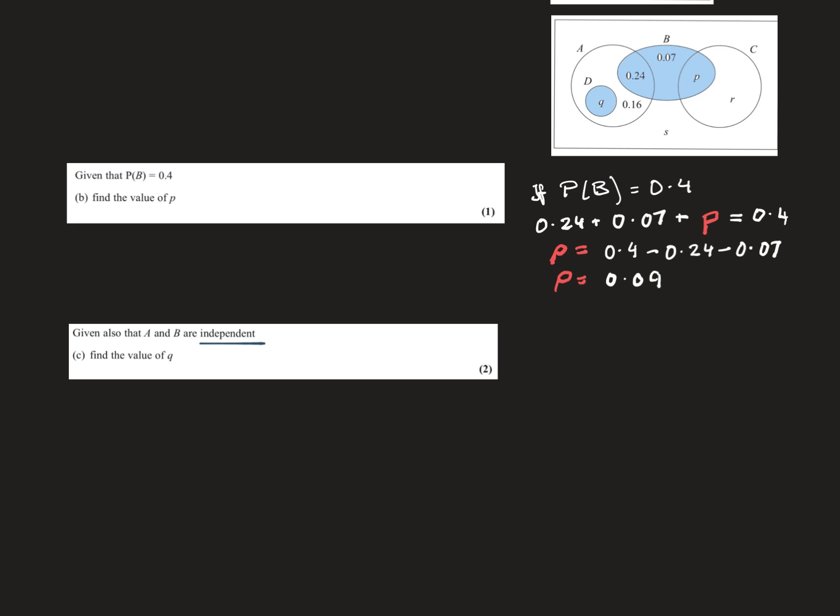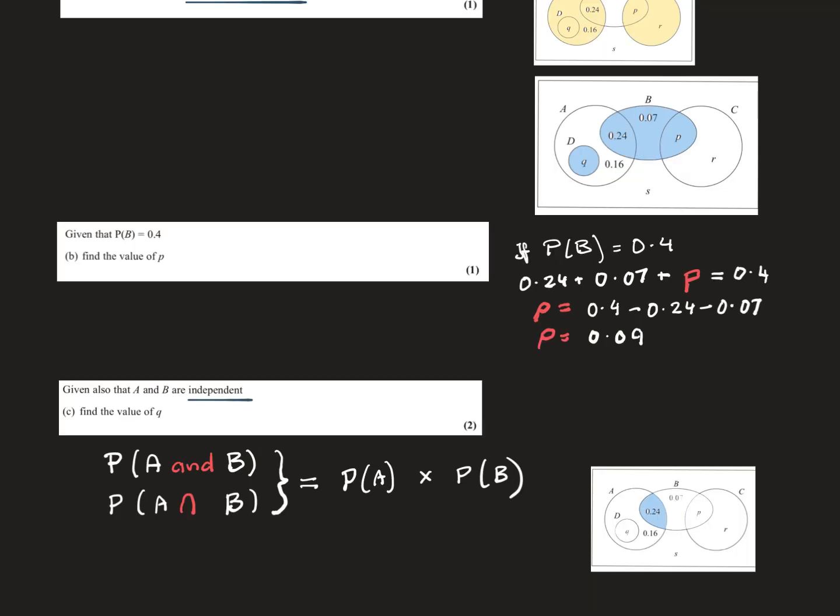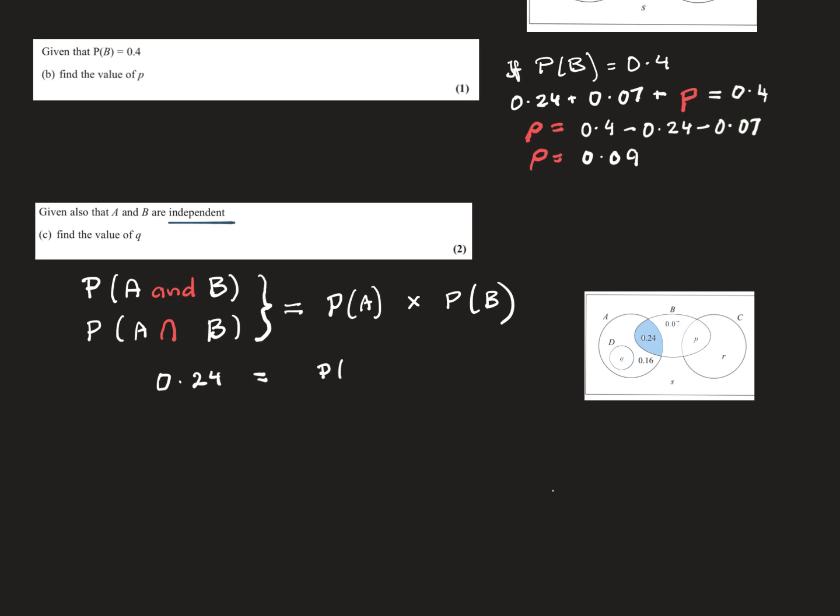If A and B are independent, then the probability of A and B, which we write as A intersection B, is equal to the probability of A multiplied by the probability of B. Now you know that the intersection of A and B is 0.24, and we know the probability of B because we were given that in the previous question, it's 0.4.